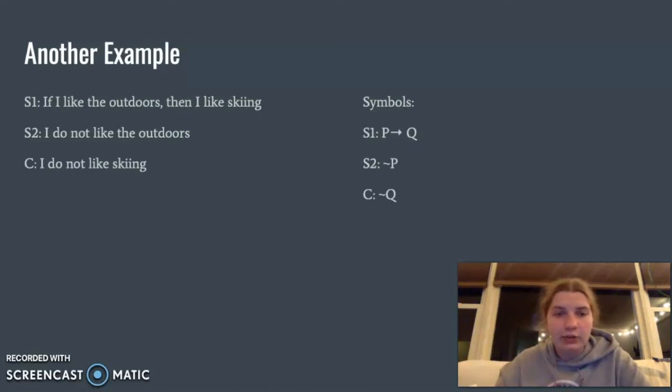Then I say I do not like the outdoors, which is negation P, because above I said I like the outdoors. I do not like skiing is, once again, negation, but with Q.